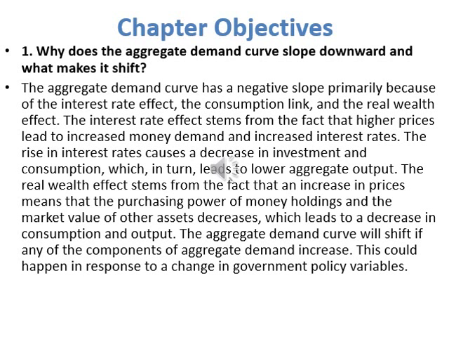The real wealth effect stems from the fact that an increase in prices means that the purchasing power of money holdings and the market value of other assets decreases, which leads to a decrease in consumption and output. The aggregate demand curve will shift if any of the components of aggregate demand increase. This could happen in response to a change in government policy variables.